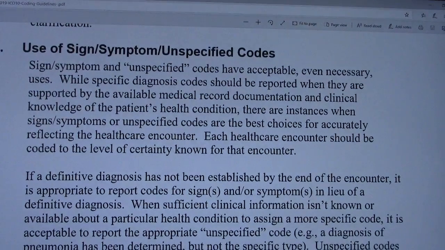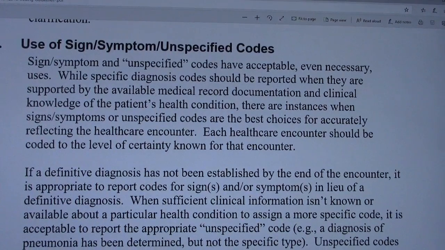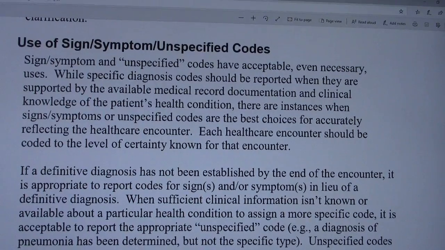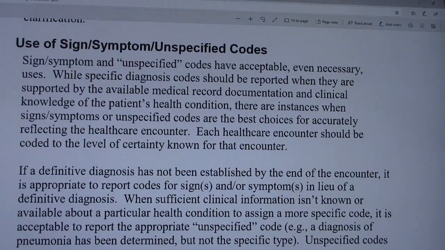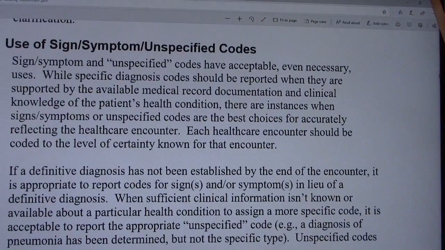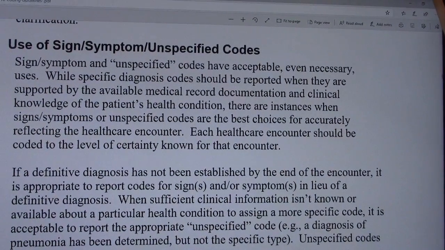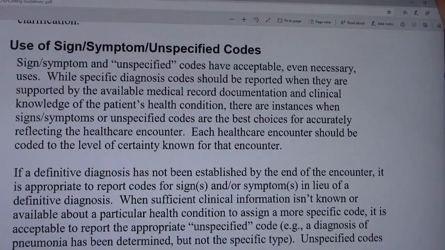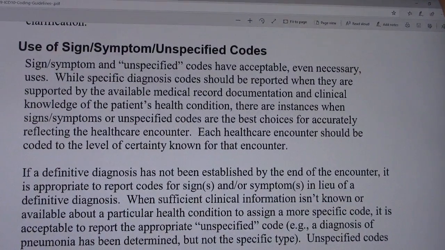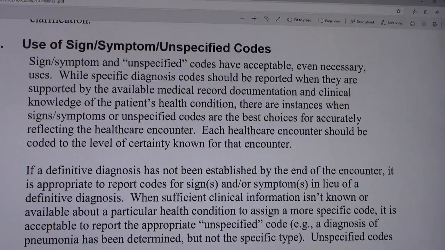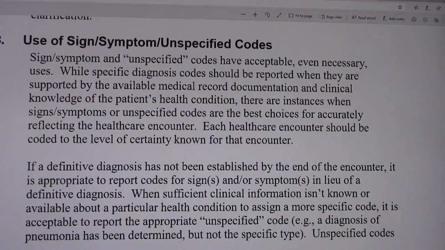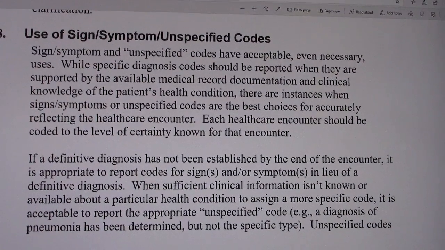While specific diagnosis codes should be reported when they are supported by the available medical record documentation and clinical knowledge of the patient's health condition, there are instances when signs, symptoms, or unspecified codes are the best choices for accurately reflecting the healthcare encounter. Each healthcare encounter should be coded to the level of certainty known for that encounter.